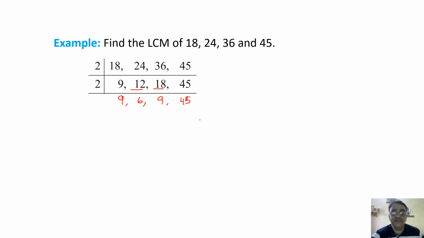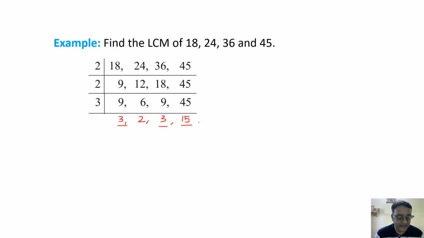Now here all these four numbers are divisible by 3. So the next divisor is 3. So we'll get 3, 2, 3, 15, right? So here also 3, 3, 15 are divisible by 3.